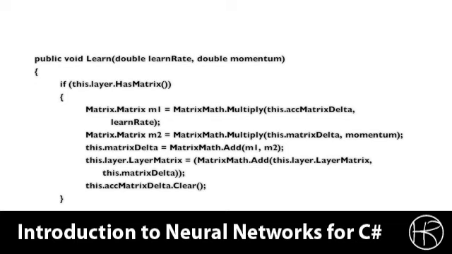When you add these two together, you then actually add it to the weight matrix. You can see that we assign the result of this multiplication to matrix data. This allows us to hold it. Determining the values for learning rate and momentum can be difficult and usually involves some trial and error.